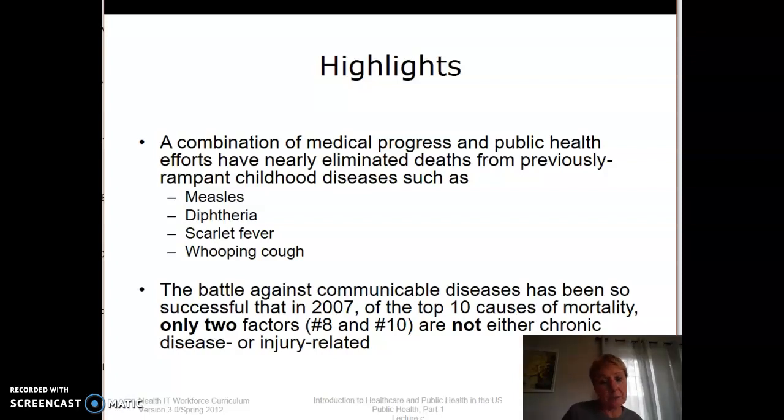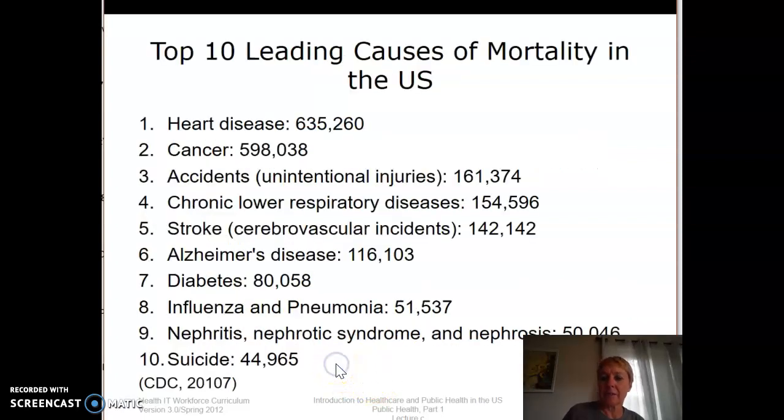And I knew growing up, we had children my age who got scarlet fever and suffered long-lasting damage from that disease. So the battle against disease has been so successful that in 2007, of the top 10 causes of death, only two, numbers 8 and 10, were not chronic disease or injury related.